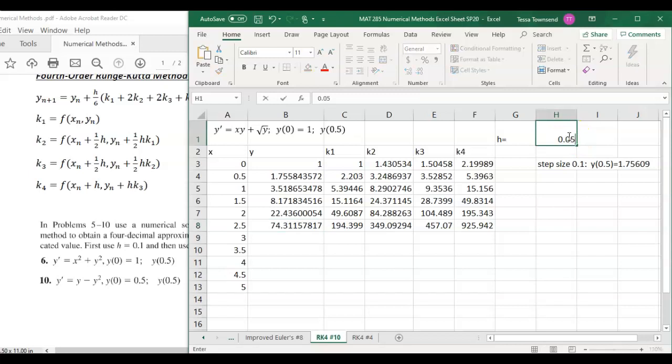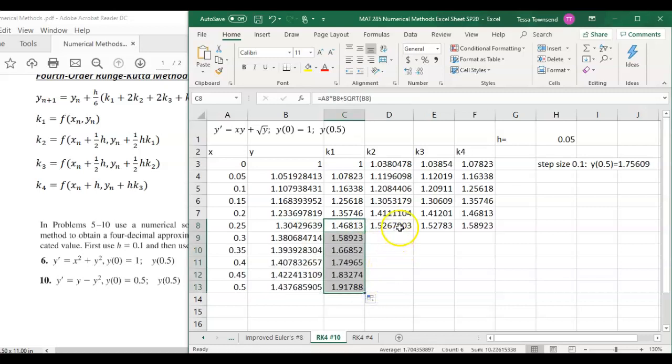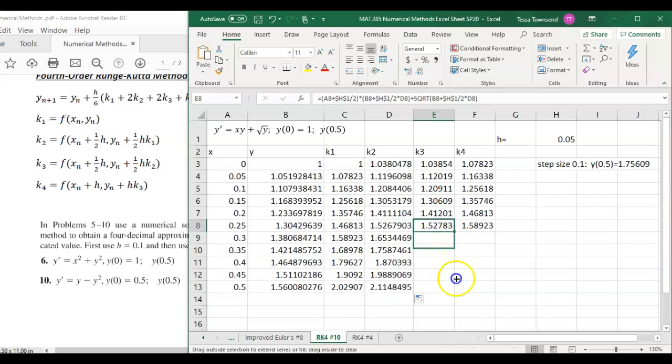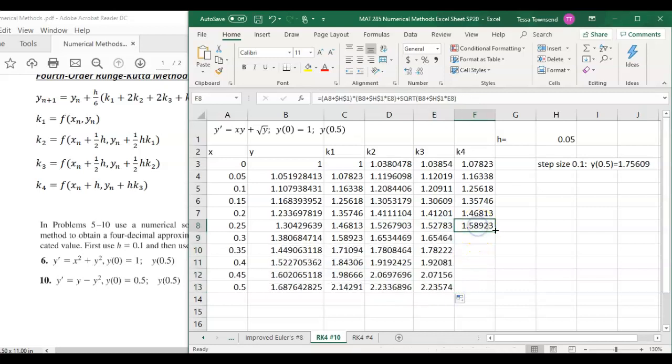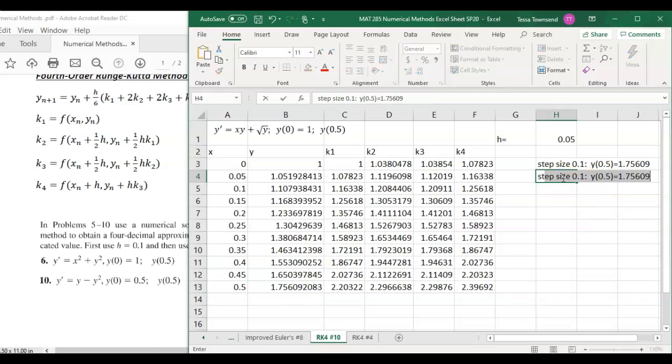I mean 0.05, not 0.5. You can see how all the formulas are changing as we carry them down, because it's now able to compute what's in those blank cells since there's something in there. So then our final answer would be that.